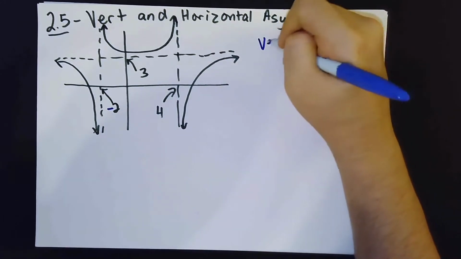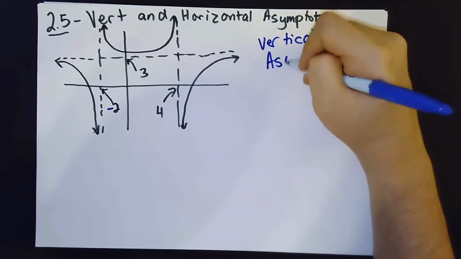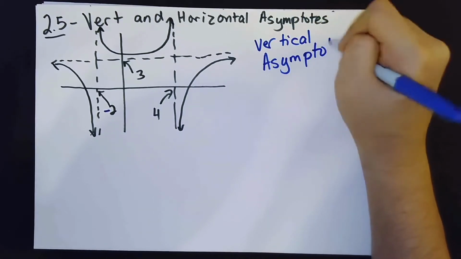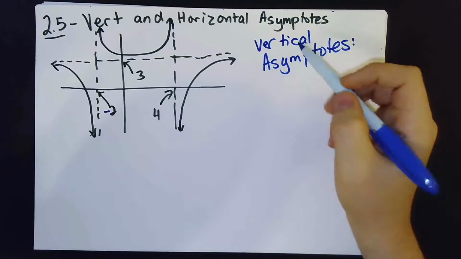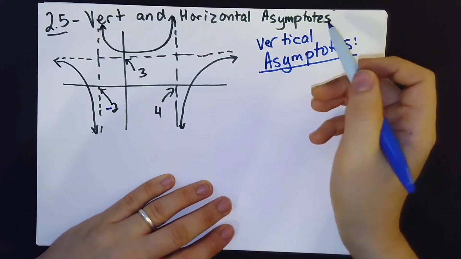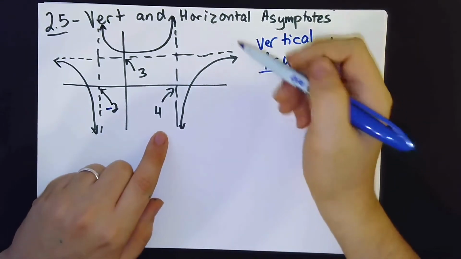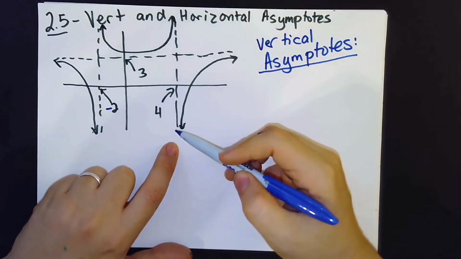Okay. I want to make sure we're comfortable writing down the equations of these. So in this particular instance, the equations of the vertical asymptotes are given by this 4 and this minus 2. But note they're vertical lines.